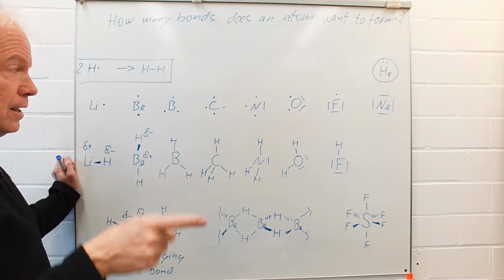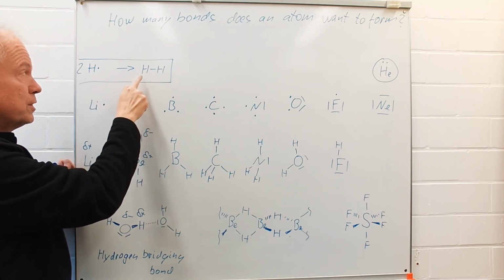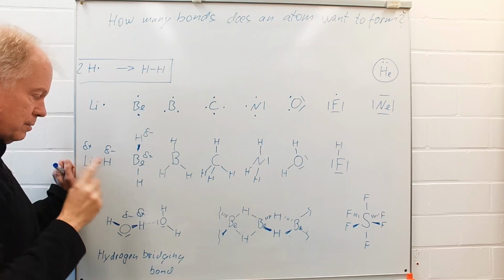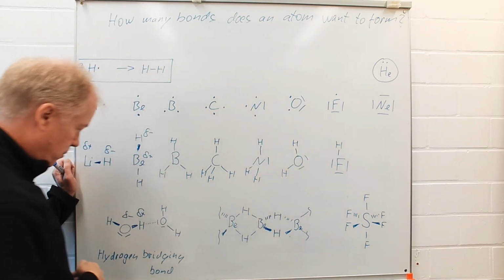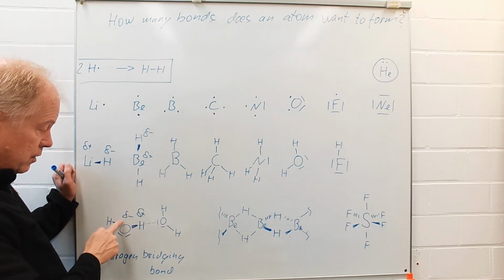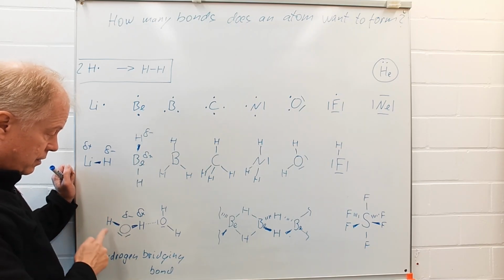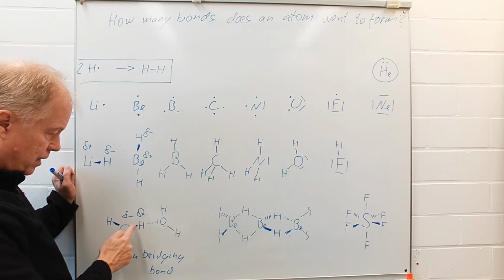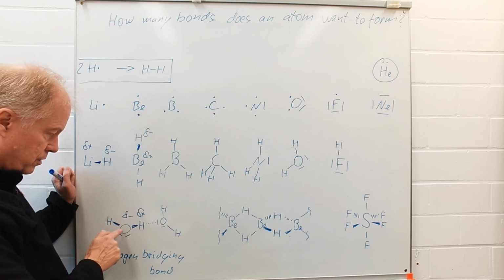So, as I said, typically hydrogen is forming only 1 bond, but for instance, in the water molecule, there we have a polarization. Oxygen is far more electronegative, therefore the oxygen-hydrogen bond is polarized towards the oxygen.